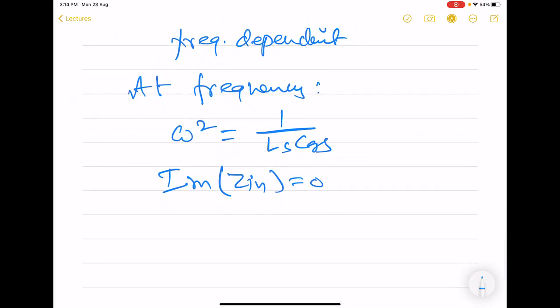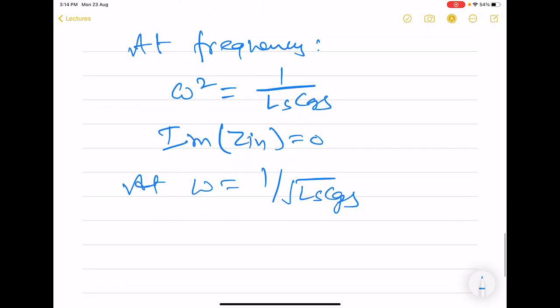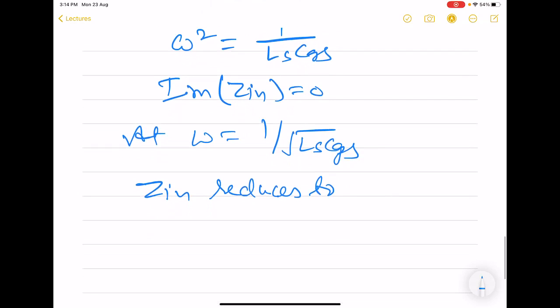So at this frequency, at omega is equal to 1 by square root LS CGS, what we find is Zin reduces to a purely real value.